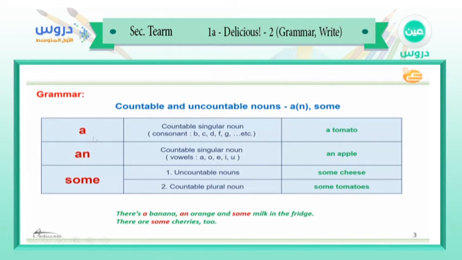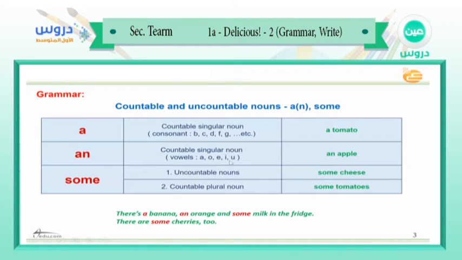But this one, a, we use it with consonants. What does it mean, the consonant? It means the rest of the letters. All of the letters, but not the vowels. For example, B, C, D, F, G, S, T, W, and so on, okay?